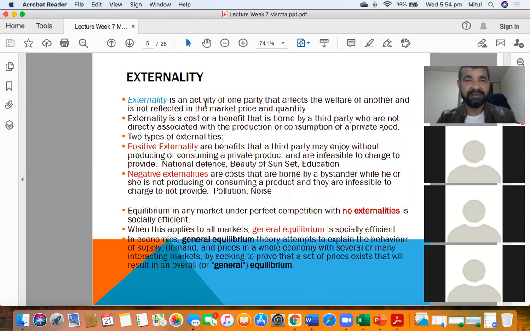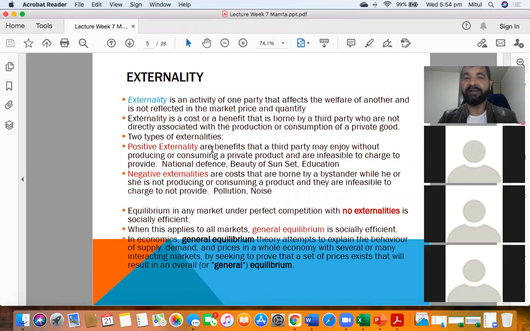Actually, I have already discussed externality here. This says: the activity of one party that affects the welfare of another and is not reflected in the market price or quantity. An externality is a cost or a benefit that is borne by a third party who is not involved in the transaction, not involved in the production or consumption of a private good. Two types of externality: positive externality and negative externality.